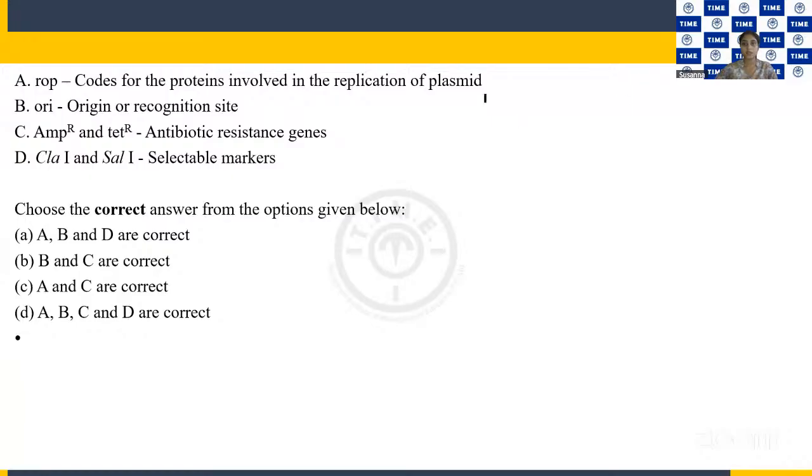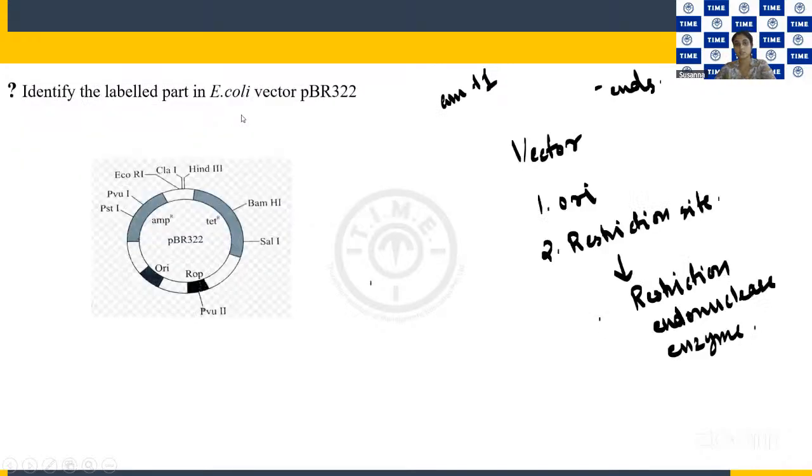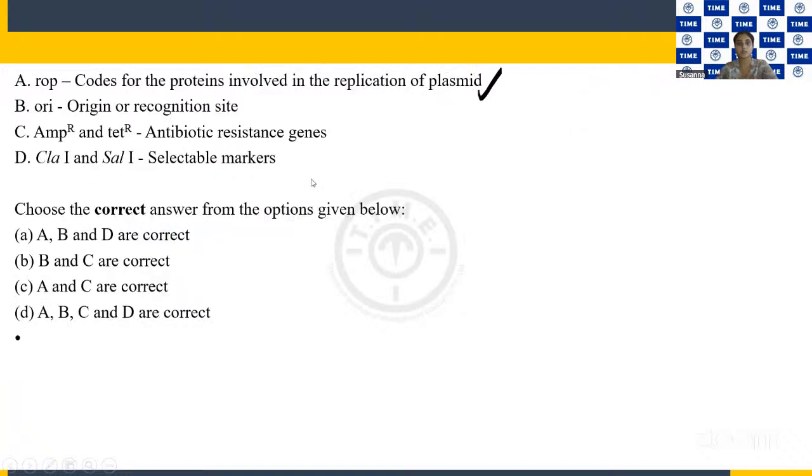So the statement is correct. Then the second statement they are asking is ORI, origin of recognition site. Is it origin of recognition site? No. ORI is origin of replication site. So B is wrong.